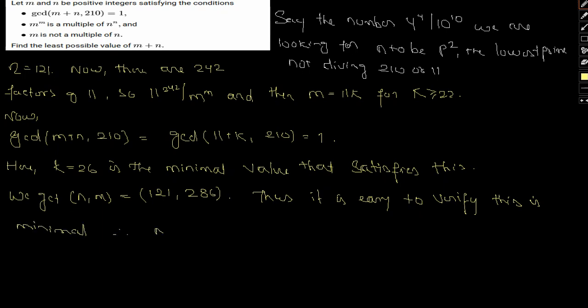So therefore m plus n is equal to 121 plus 286, which comes out to be 407. So hopefully this thing is clear to you.